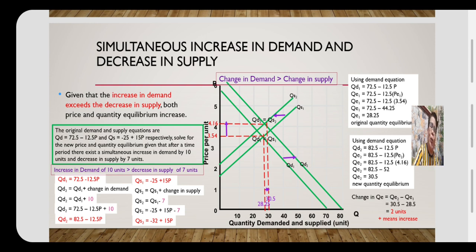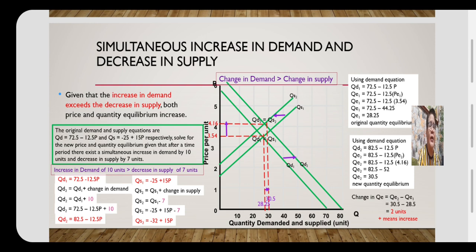So we can solve the new quantity equilibrium by using the new demand equation as our reference, and substitute to its P variable the new price equilibrium of 4.16. So after substituting the new price equilibrium of 4.16 to the new demand equation, we can now derive the new quantity equilibrium value.